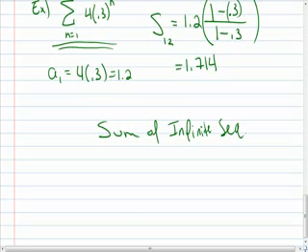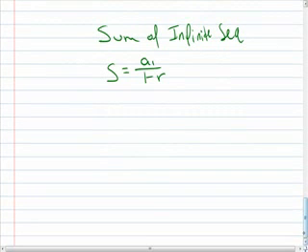Sum of infinite sequences. What? Infinite sequences. Perhaps you're skeptical. You say, how could you possibly add up a sum that never ends? How could you do that? Well, they do kind of end. This works for when r is less than 1.